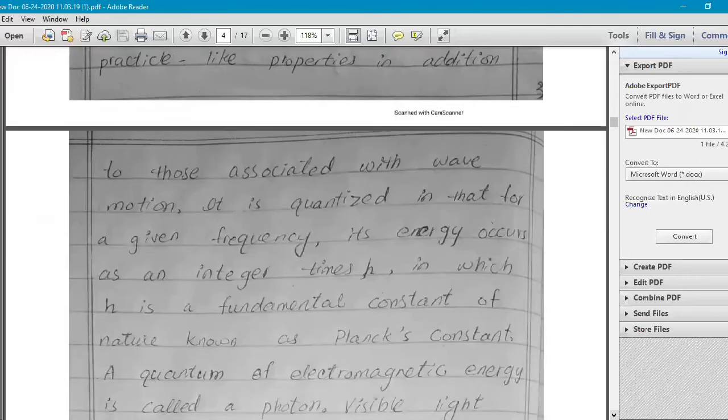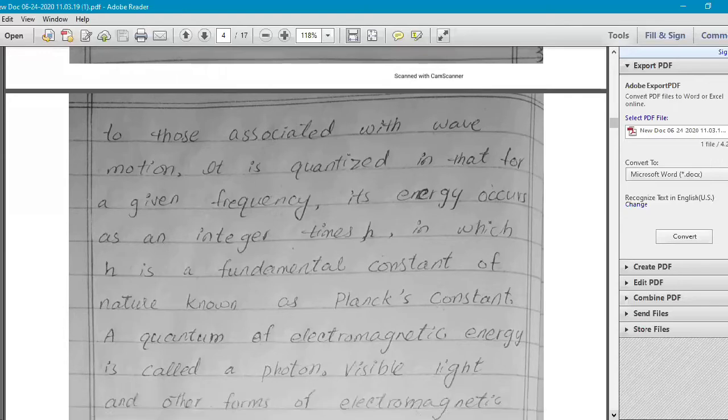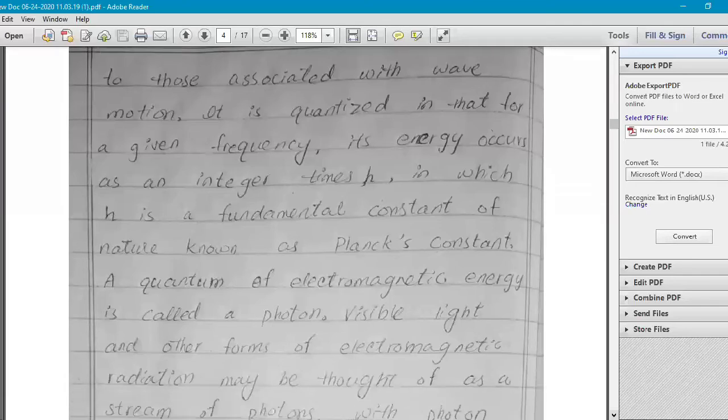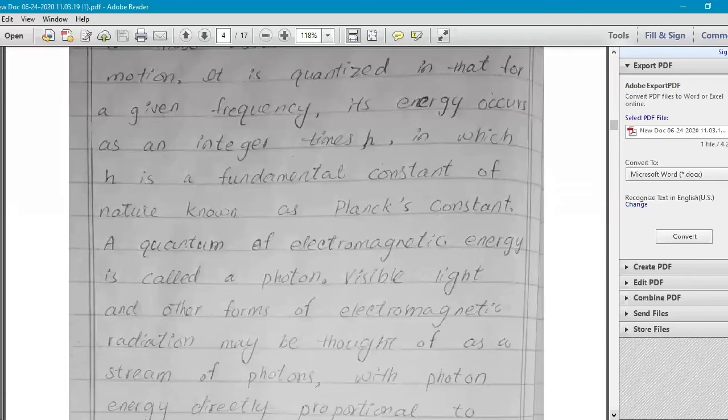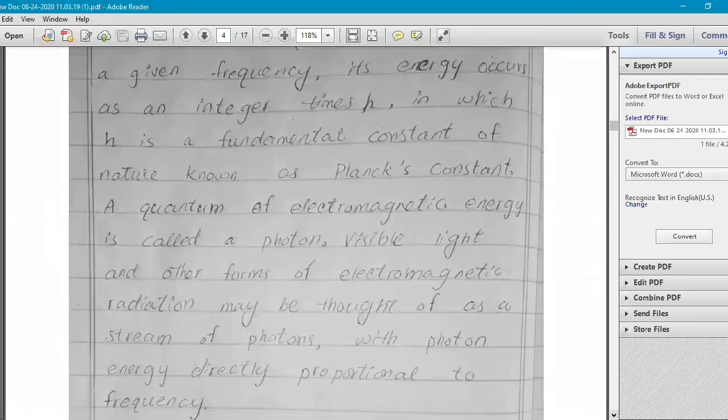It is quantized in that for a given frequency, its energy occurs as an integer times hν, in which h is a fundamental constant of nature known as Planck's constant. A quantum of electromagnetic energy is called a photon.